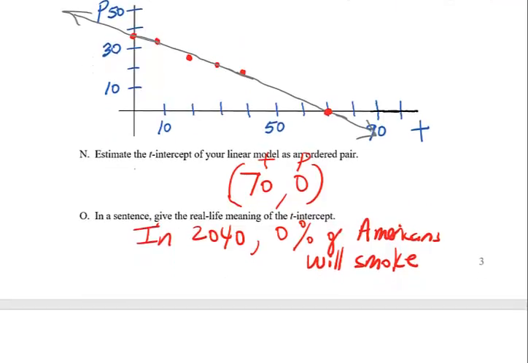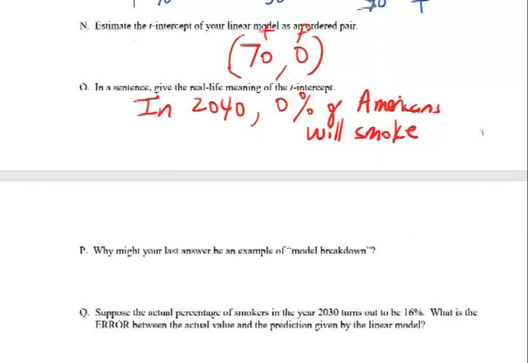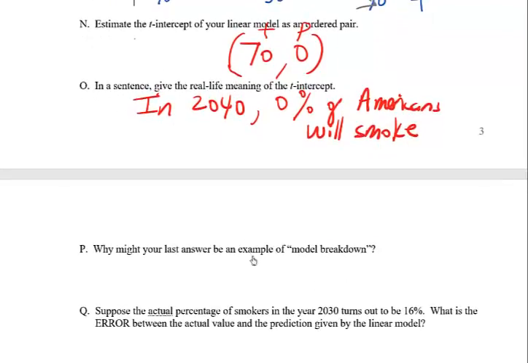If you look at question P, question P says, we might not want to believe this answer. This is definitely an example of extrapolation. We're going way out into the future here. In fact, we might even suspect that this is an example of what's called model breakdown, that perhaps the model is just giving us bad information. Question P says, why might we think that?